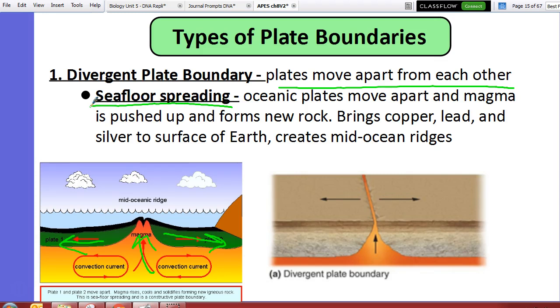Okay, typically divergent plate boundaries, as we see, they don't really happen in continents, they just happen in the ocean. So we'll look at those, we'll look at a map and see where they happen in a second.